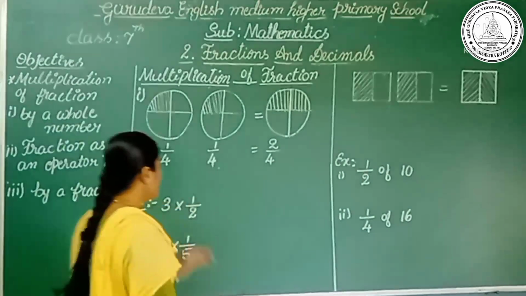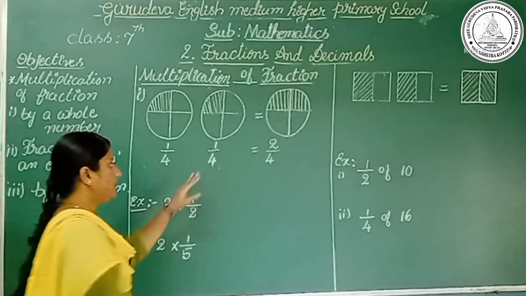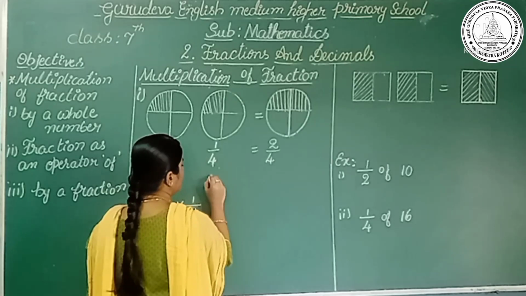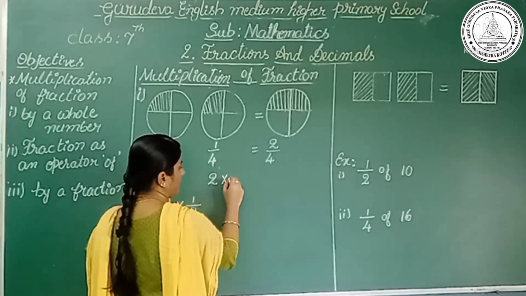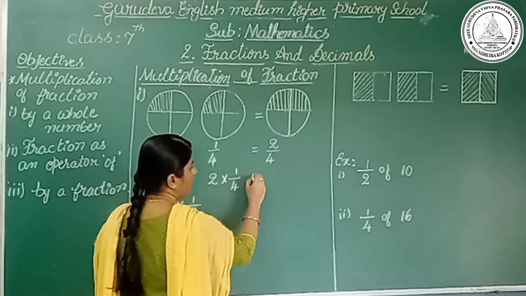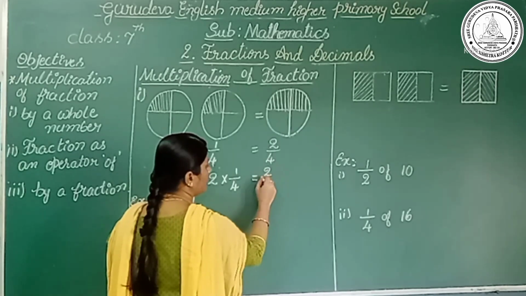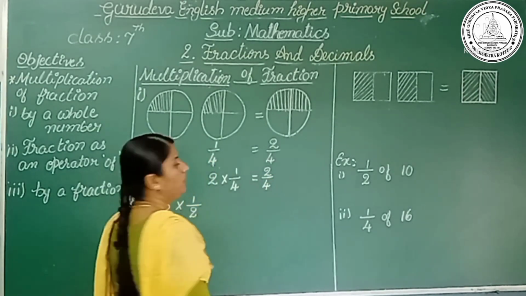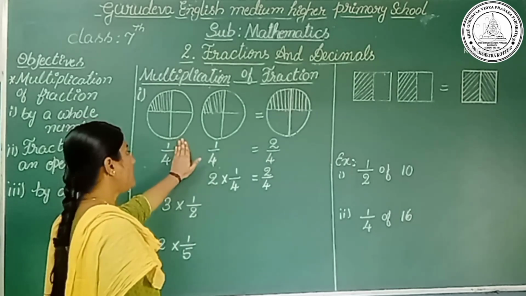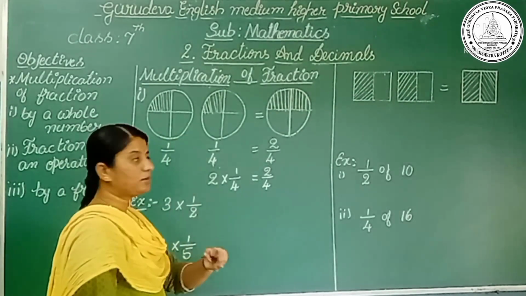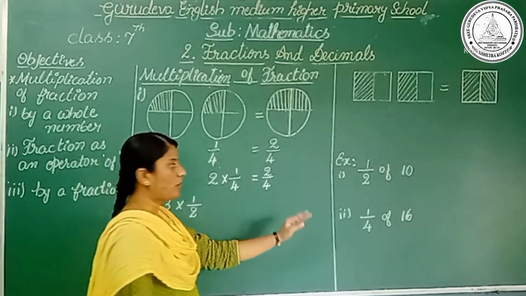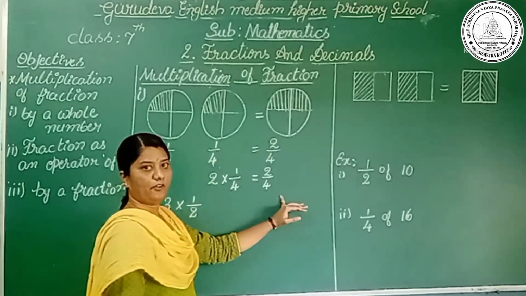You will see here 1 by 4 is taken 2 times. So we can write it as 2 times 1 by 4, which is equal to 2 by 4. We shaded the 1 by 4 part 2 times, and we take the product as 2 by 4.